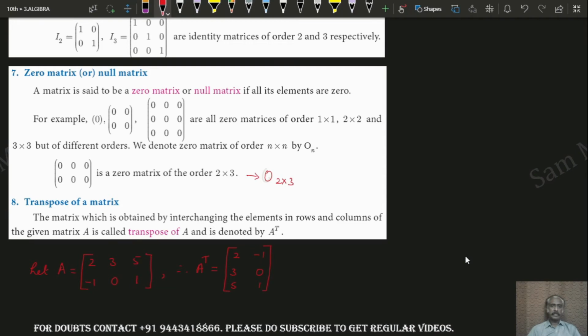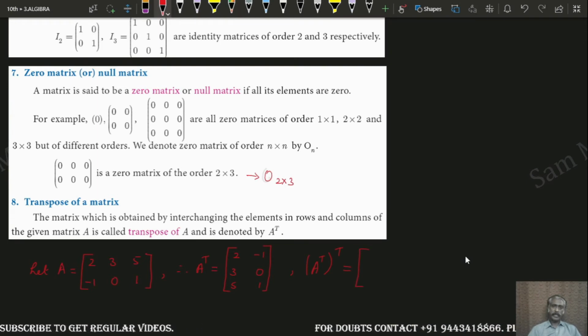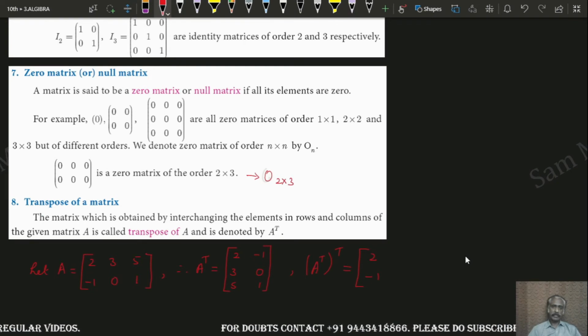This is the transpose. Suppose I am taking again transpose for this A transpose, which will be equal to row becomes column. First row is 2, minus 1. Second row is 3, 0. It becomes the second column. Third row is 5, 1.